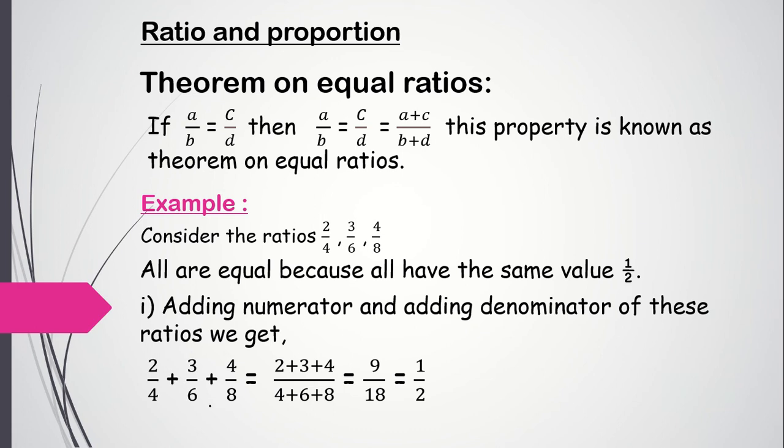If you had to actually add the fractions, you would have to make the denominators the same and take the LCM. No, it is not that way. According to the property we are using, we add the numerators and we add the denominators. So we get 9 upon 18, which is again half, equal to each of these ratios.